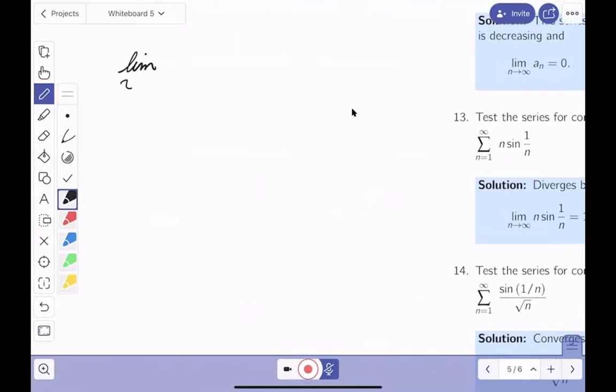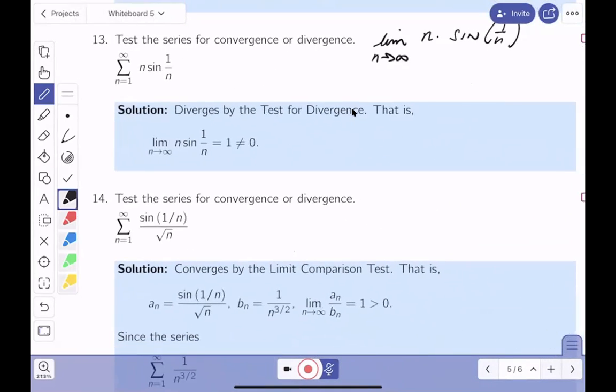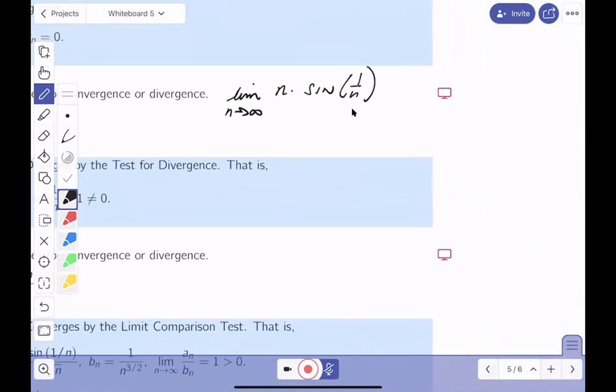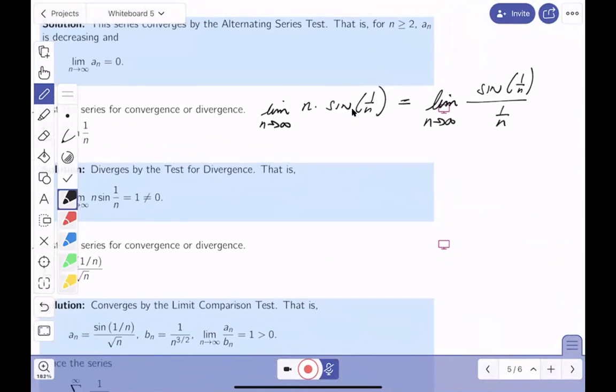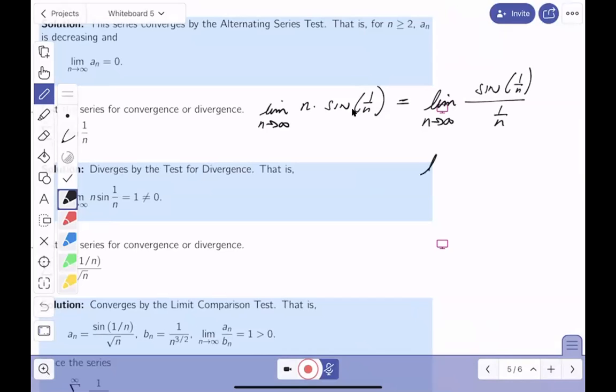Now I'll tell you the big one that you've seen in the past is this one over here. I think we've seen that one in the past. So someone says it's not the same. It's not the same. I'm not saying it is. Keep that in the back of your mind though. The limit as n goes to infinity of sine 1 over n over 1 over n. Well, I'm going to claim it's really the same thing as this one over here.